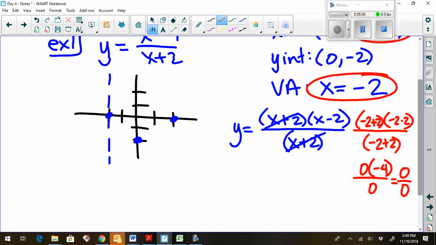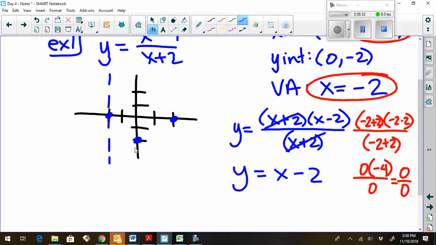So if we think about this, we really want to know what's happening on this graph. And if we canceled out these common factors like we did, we know that we're left with the equation y equals x minus 2. Well, y equals x minus 2 is just a line, with a y-intercept at -2 and a slope of 1. So we'd go up 1 over 1, up 1 over 1, right?